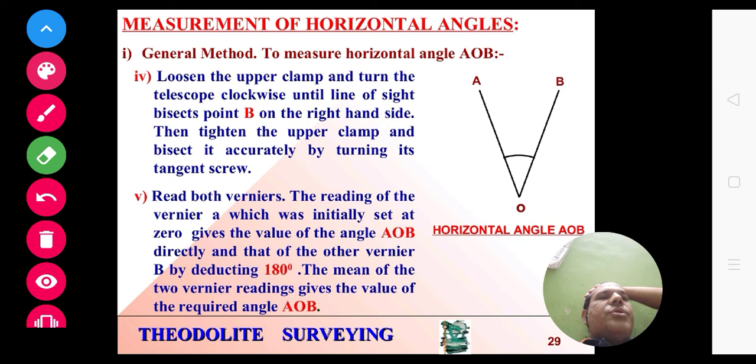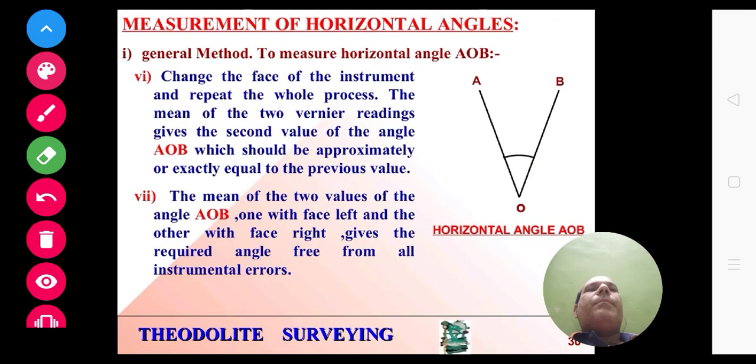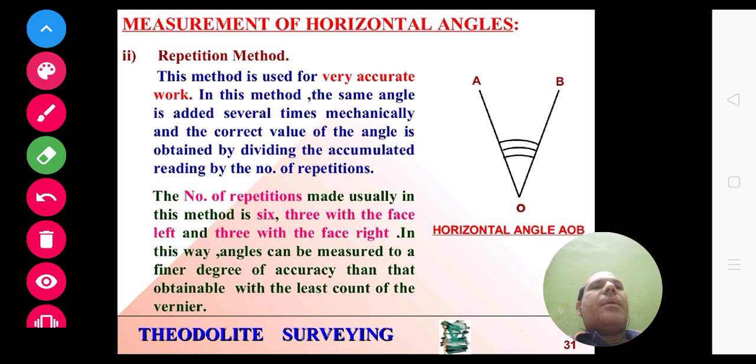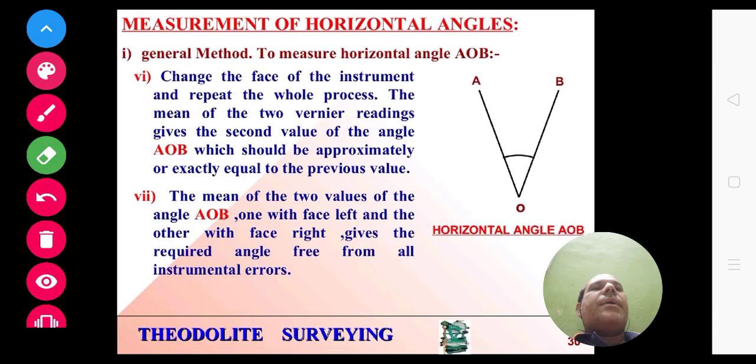The same procedure is repeated with the face right observation, and the mean of these two readings is taken as the horizontal angle AOB.